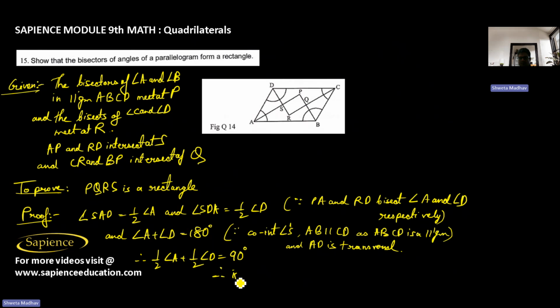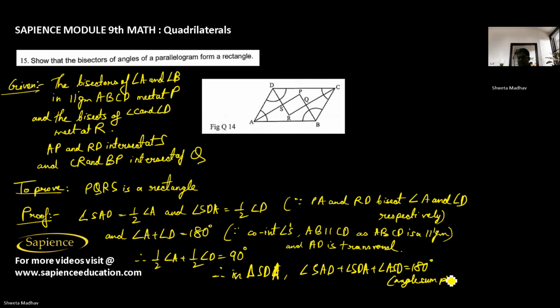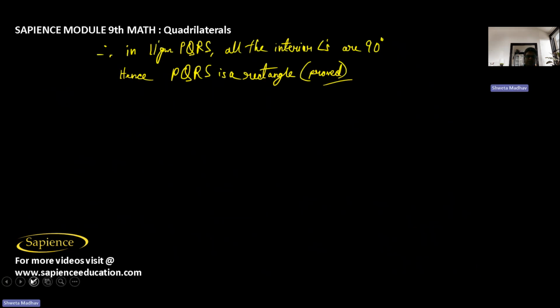So now in triangle ASD, angle SAD plus angle SDA plus angle ASD is equal to 180 degrees, according to the angle sum property of a triangle. Therefore angle ASD is equal to 180 degrees minus the sum of angle SAD and angle SDA.